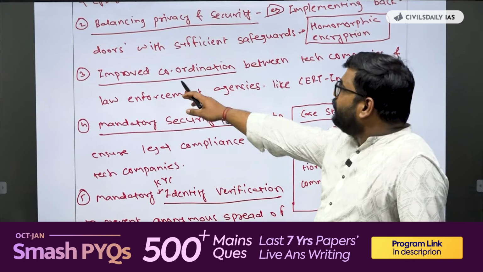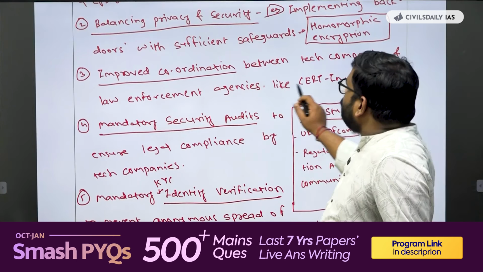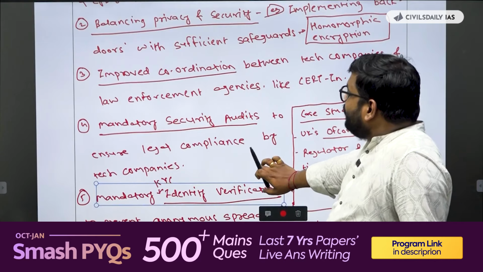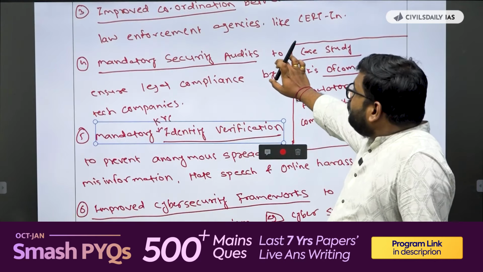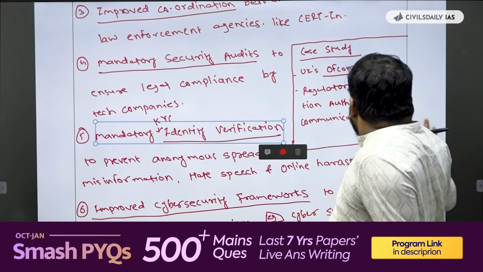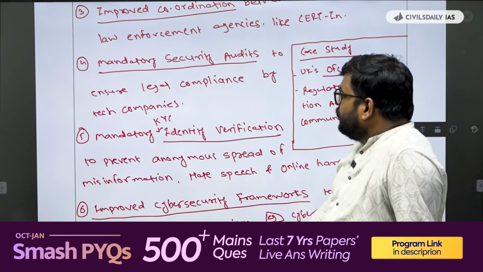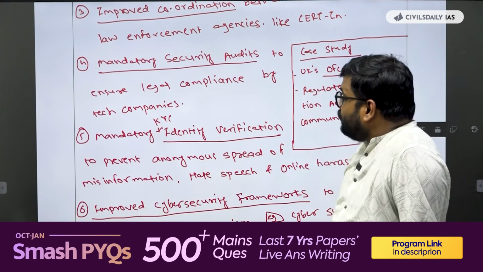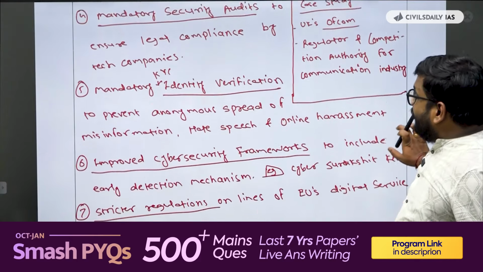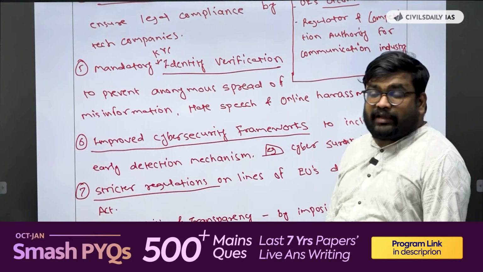Then at institutional level, improved coordination between the tech companies and the law enforcement agencies like CERT-In. Then mandatory security audits to ensure legal compliance by the tech companies. Then mandatory KYC identity verification to prevent anonymous spread of misinformation, hate speech and online harassment. Improved cyber security framework, example, Cyber Surakshit Kendra.